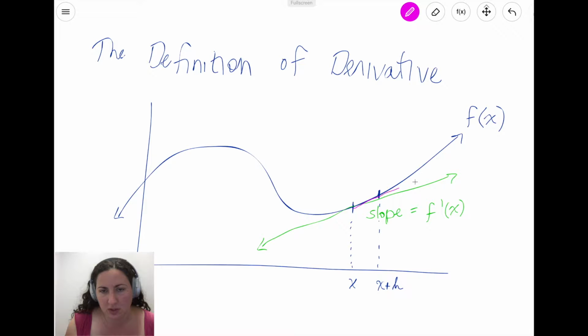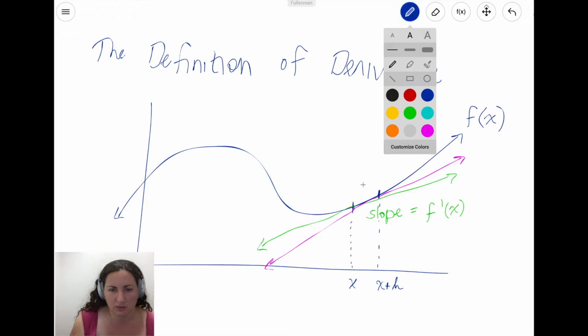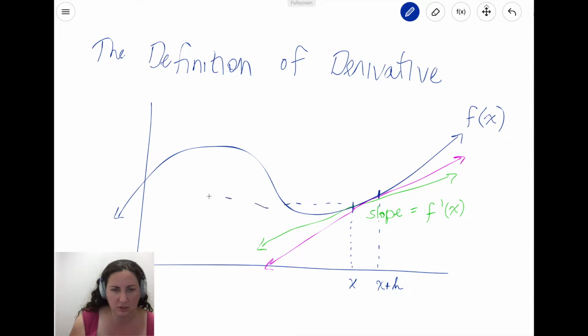And the idea is that we want the slope of the green line, but we're going to get at it by finding the slope of this pink line, which passes through the curve at the point x, comma f of x, and at the point x plus h, comma f of x plus h. The y coordinate of this point is going to be f of x, and the y coordinate of this point is going to be f of x plus h.